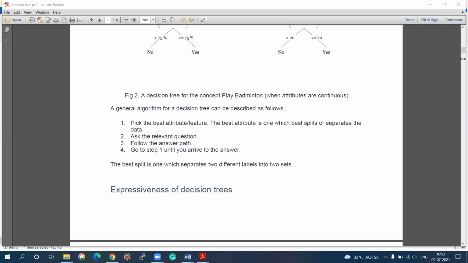Uncertainty means that for a specific attribute value, if some of the decisions are yes and some are no, or some are positive and some are negative, then that attribute is not very good for taking a decision.